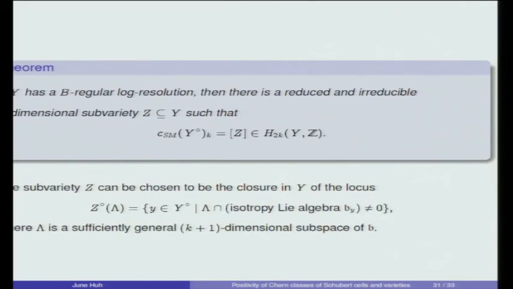It generically lies in the open part, and it's determined by a choice of a sufficiently general k plus 1 dimensional subspace of the Lie algebra of B. On the open part, it's given as the collection of points y where the given general subspace of the Lie algebra intersects the isotropy Lie algebra at the point y in a non-trivial way. So it's a certain degeneracy locus, as you would expect, because of this connection to Chern classes.